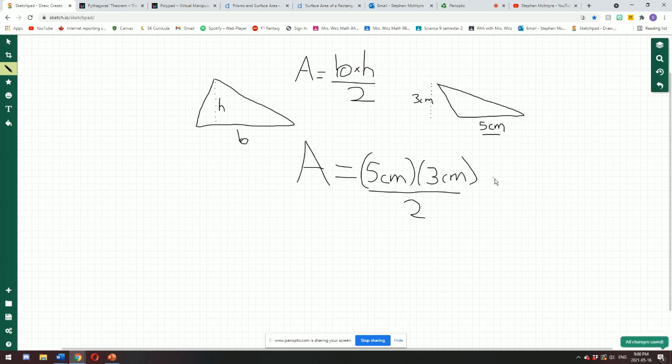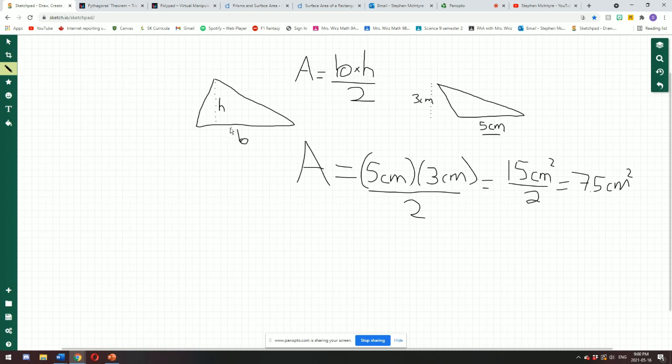So 5 times 3, that'll give us 15. And then centimeters times centimeters, so we're going to have centimeters squared, divided by 2, which equals 7.5 centimeters squared. Again, centimeters squared tells us that it's area, so that's good. That's what we want.